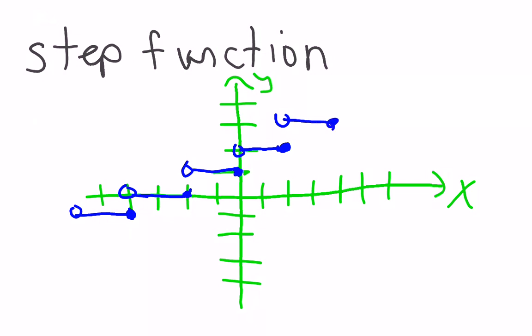Now we can really see what it means, why it's called a step function. It looks like stairs. But this would be a piecewise function because we don't have one algebraic way to write, as far as symbols go, that would represent this entire graph.